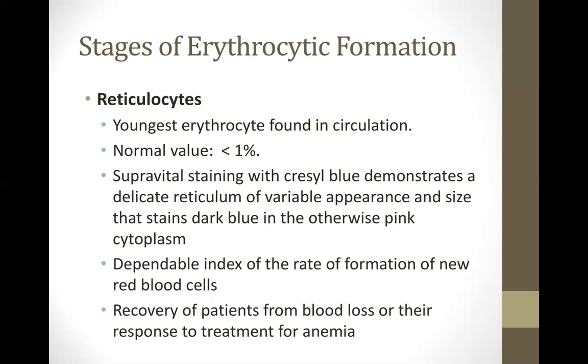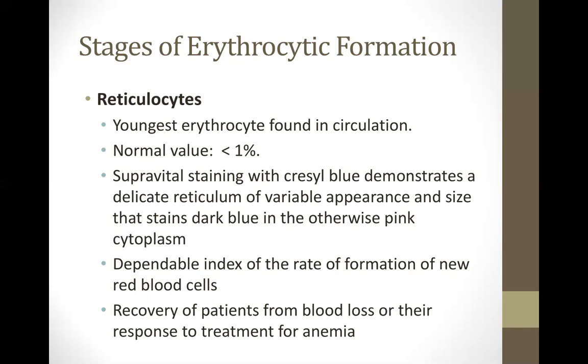Dok, bakit? Kasi nga, may immature na lumalabas sa circulation in response to, for example, blood loss or in response, for example, to treatment of anemia. Hindi pa dapat lumalabas, no? For example, nagkaroon ka ng accident, tapos madaming blood loss.